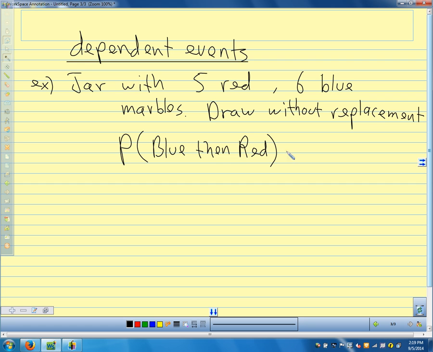We could think of this as the probability of, I'm going to write it this way, blue and red. So I'm going to just make a note over here. We're going to do two draws. Blue then red is the same as saying blue and red, because we're going to draw one, then we're going to draw the other. And tells us to do what? Multiply.